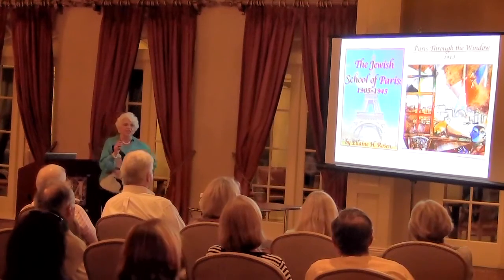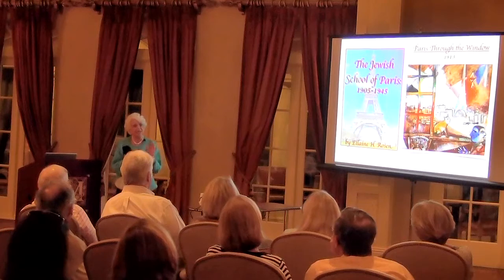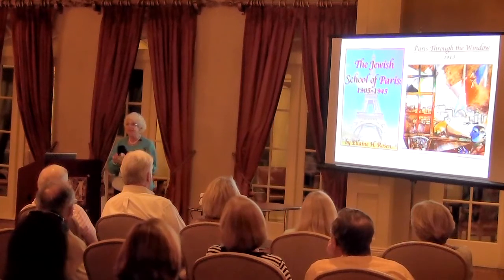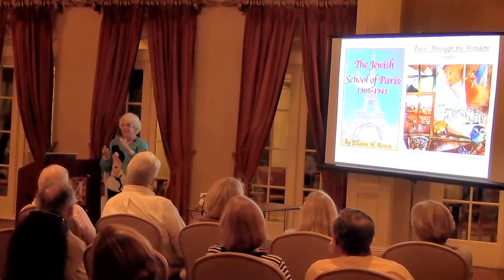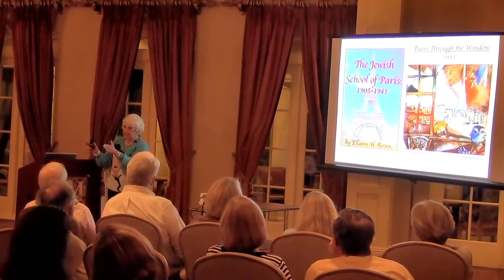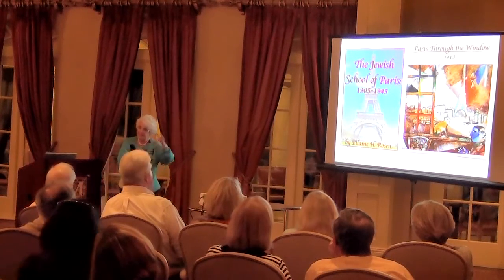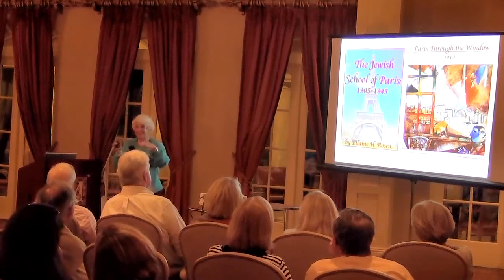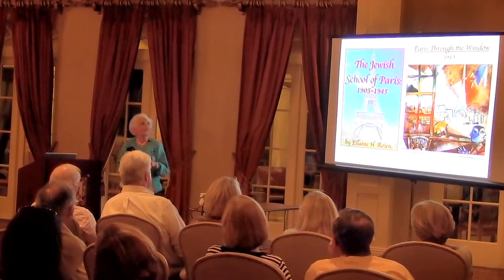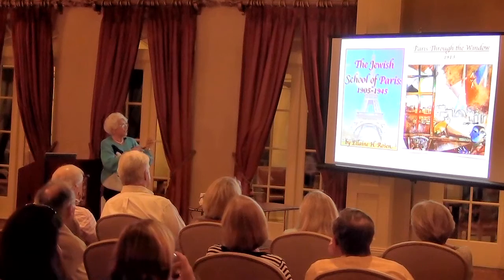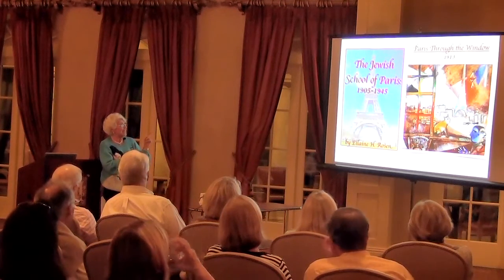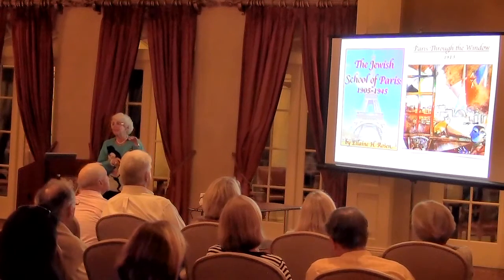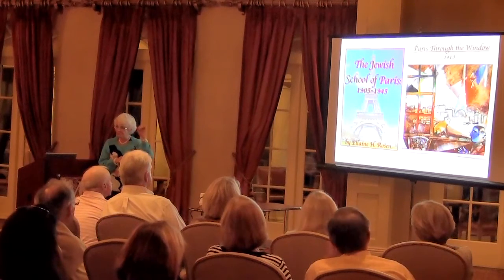All right, Janus is the name of the two-headed person. The month January is named Janus, and it's the beginning of the year, and it's the end. The beginning of the year is the end of the previous year. So he is looking forward to his beginnings in Paris, and he is looking backward to his life in the shtetl in Russia.